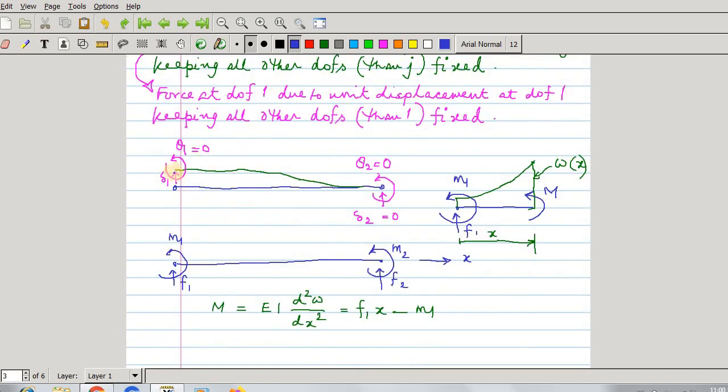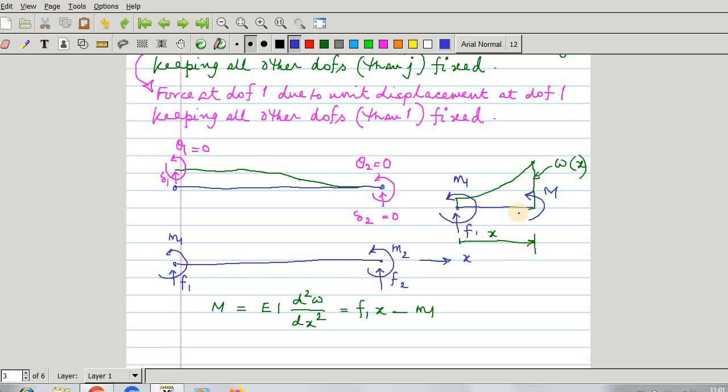We have given a displacement here, the slope we have kept 0. At this node both the displacement and the slope are 0. And here we have shown F1 and M1. Here we have shown F2 and M2.